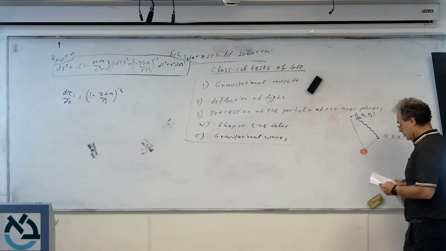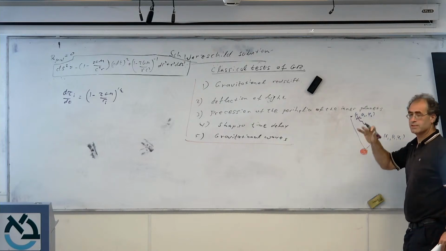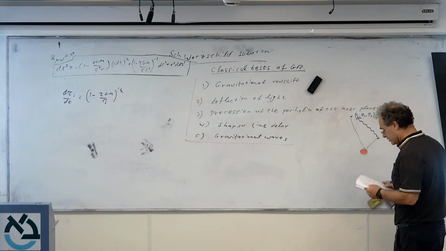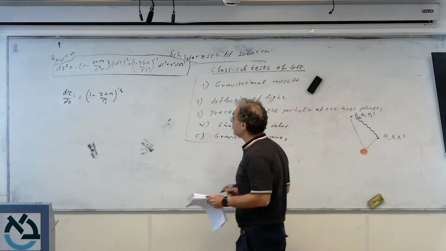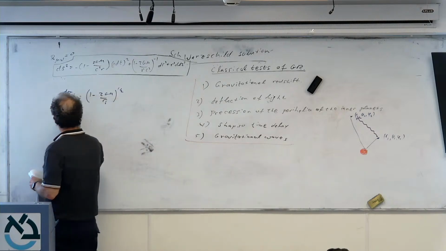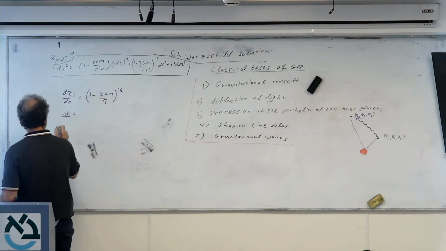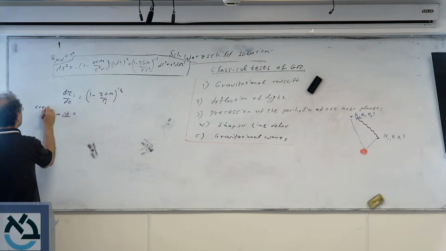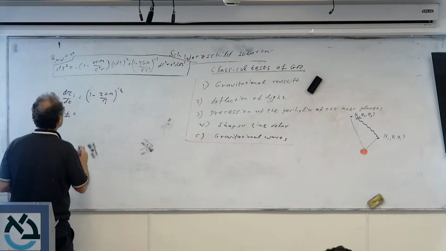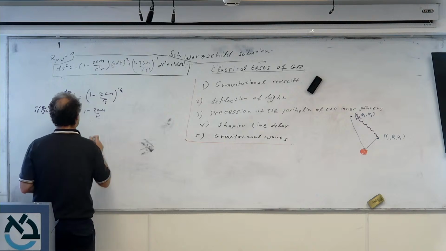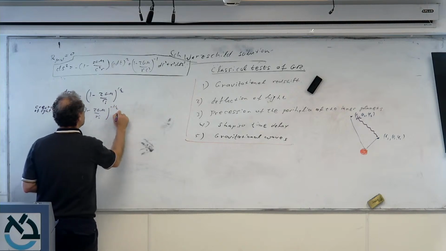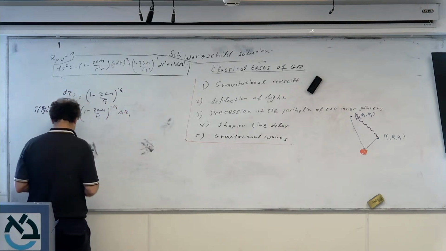It emits two pulses of light, and the separation is delta t, which equals 1 minus 2GM over R1 to the power minus 1 half, delta tau 1.